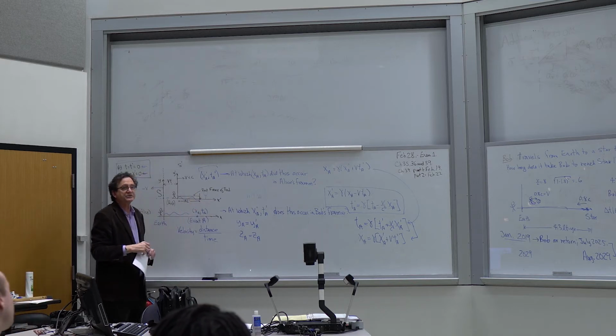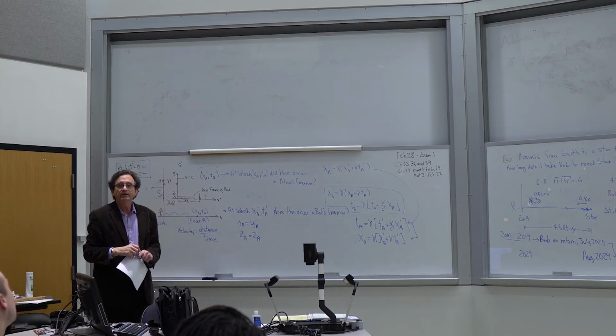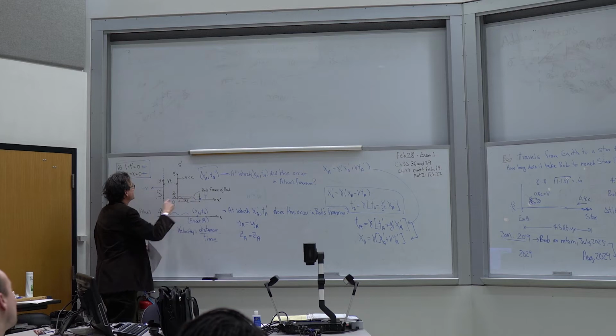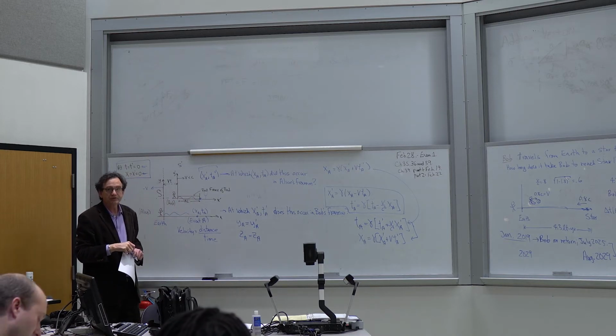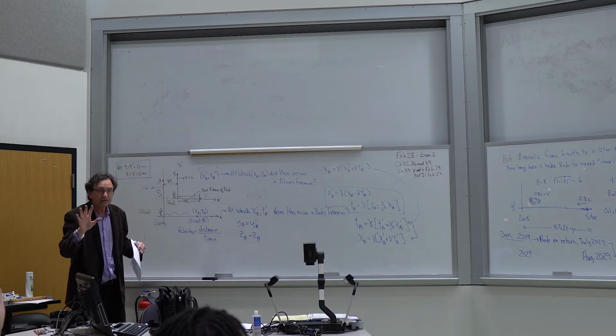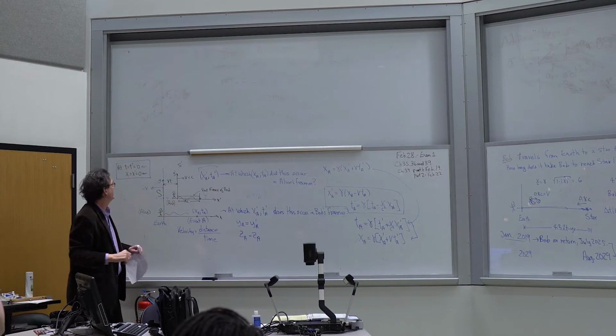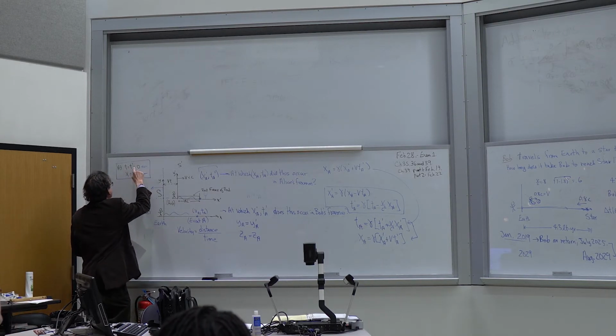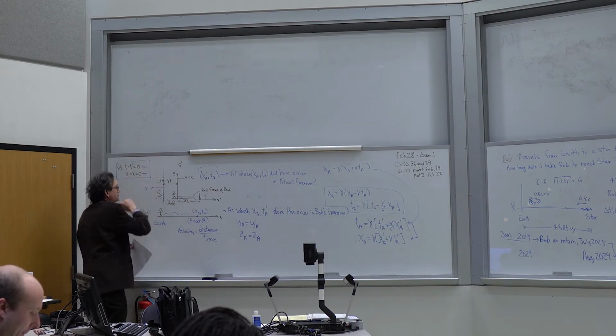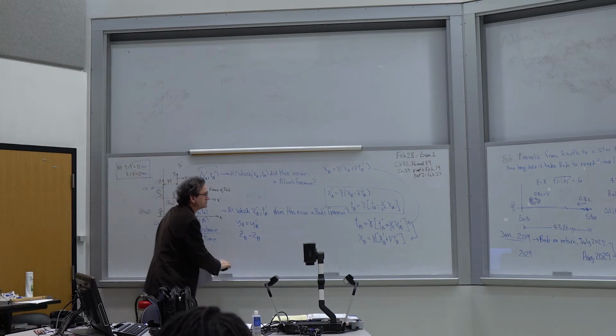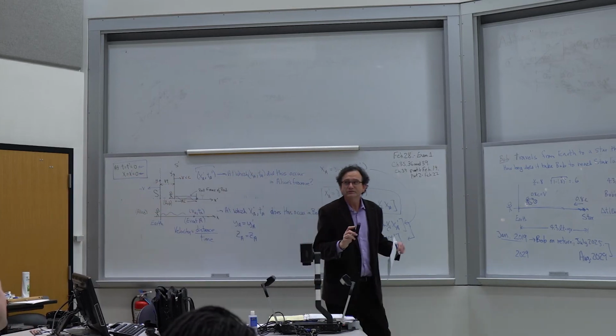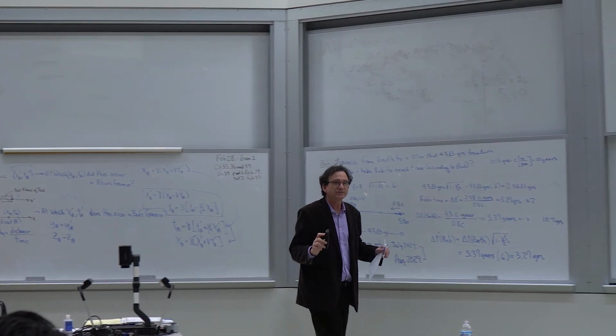When and where did Bob say that event occurred, in his coordinate system? That's all we're doing, subject to the initial condition that at t equals t prime equals 0, x equals x prime equals 0. Okay, are we good? Okay, good.